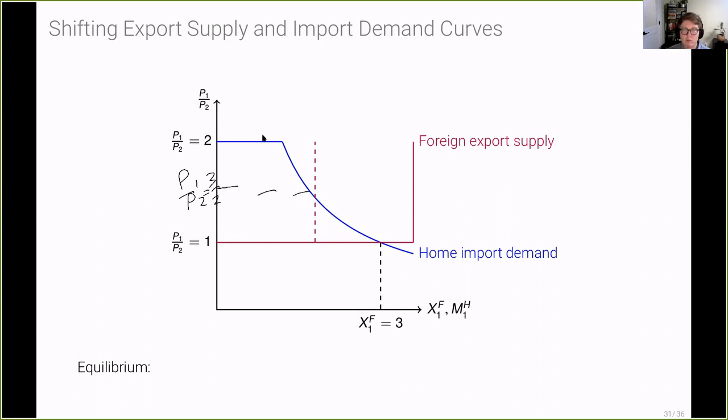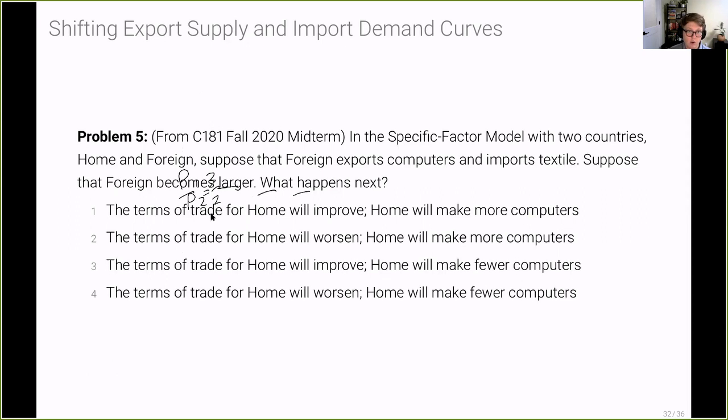However, having the price further away from its original price for home means that home actually has better terms of trade, and so home is going to benefit more. And so as foreign grows larger, the world price gets closer to foreign's, which is going to result in an improvement in the terms of trade for home. And so we must have that the terms of trade for home are going to improve. And sorry about the typo, this should say textiles.